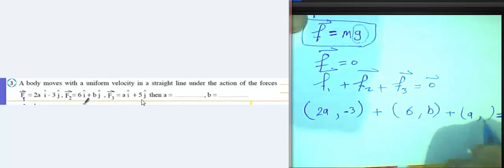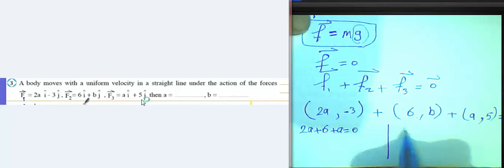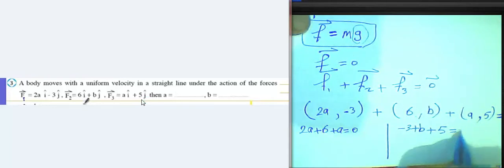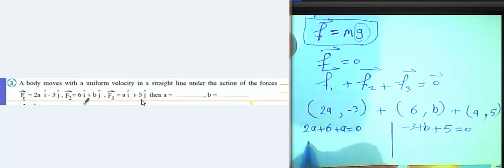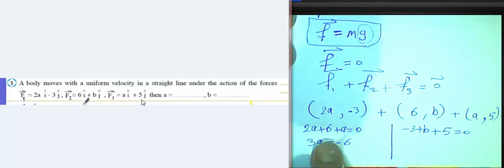So 2a plus 6 plus a equals 0, and negative 3 plus b plus 5 equals 0. Then 3a equals negative 6, so a equals negative 6 divided by 3, equal negative 2.